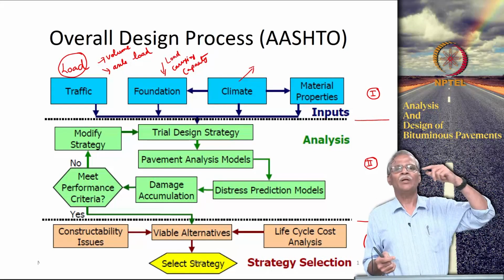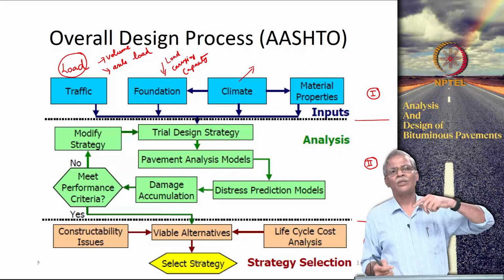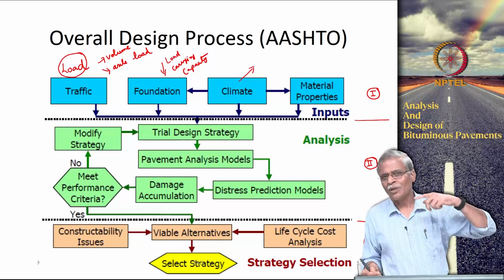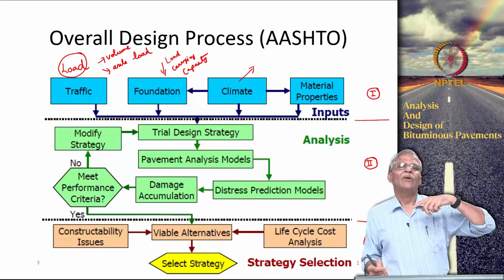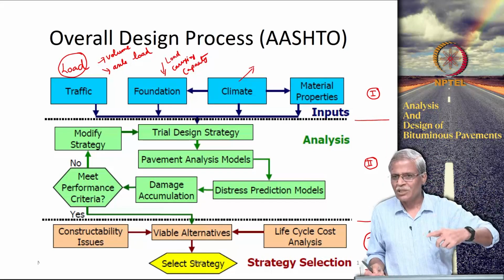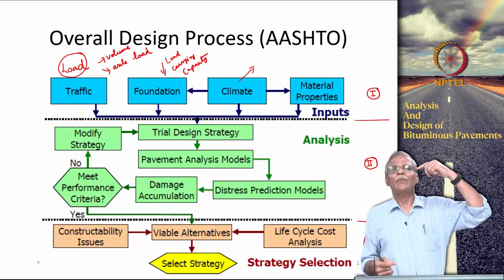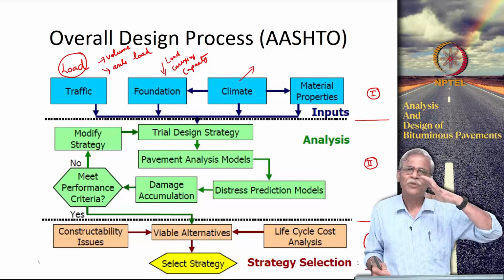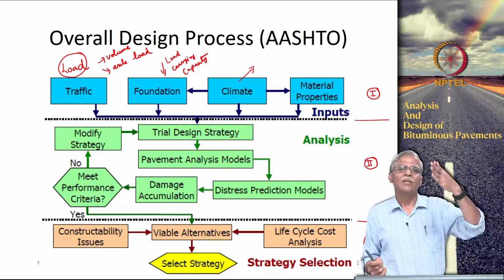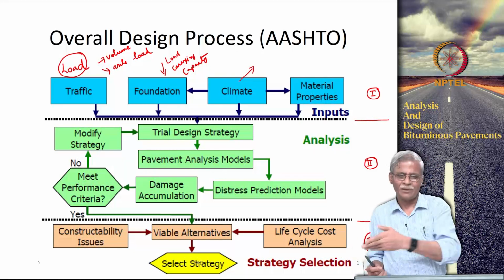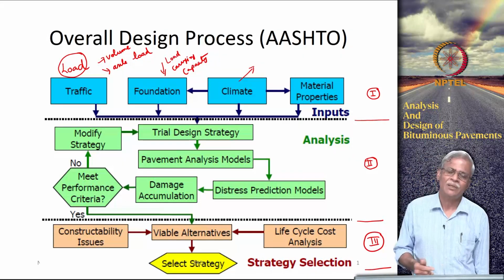Depending on the temperature, the material properties, especially the bituminous properties, will change, which means the load carrying capacity will change, which means the damage accumulation will also be at a different rate at a different month or time period in a year. Climate plays a critical role.